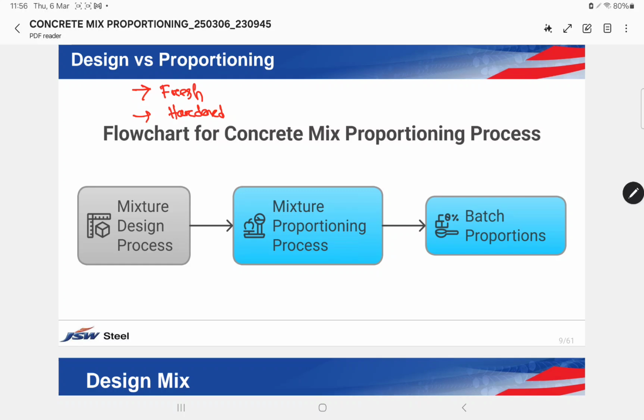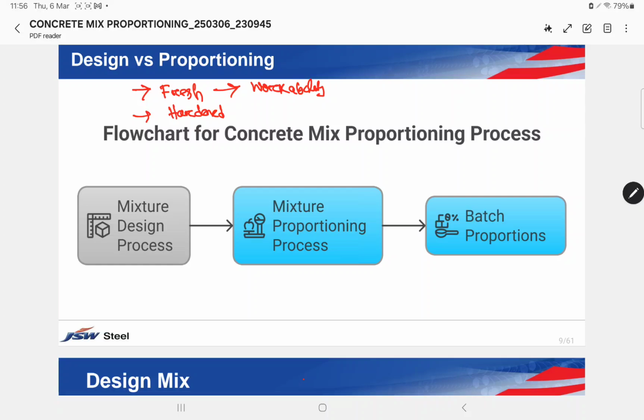Most of the time during fresh state, our primary aim is to get a good level of workability so that we can handle it on our site. We mix it, then transport it, then with the available method of placement we place it, then compact it, then finish it.